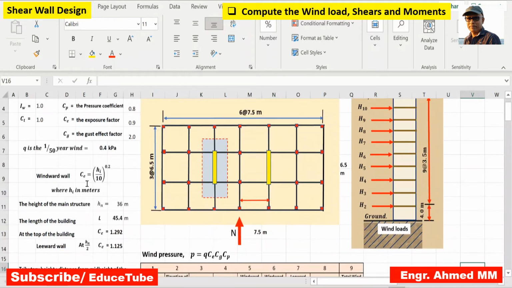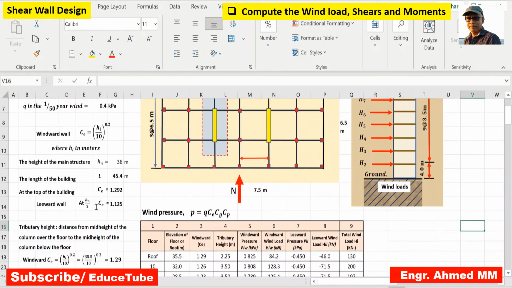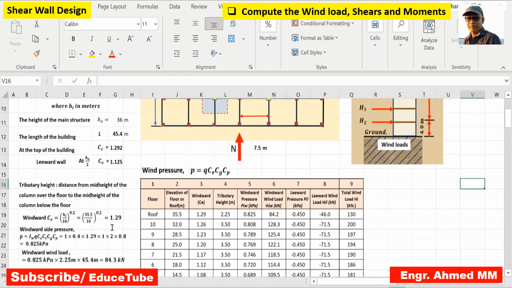So to find the CE, we can use this formula. Let's discuss this table.